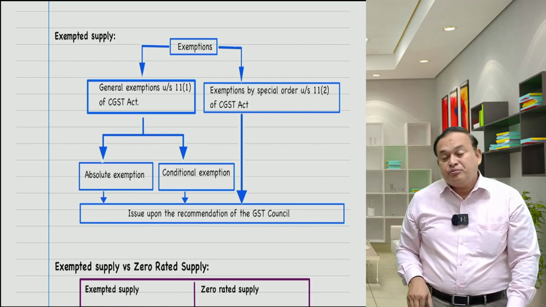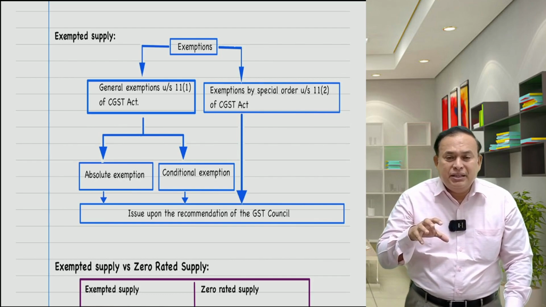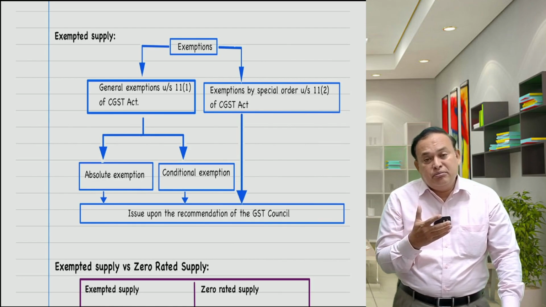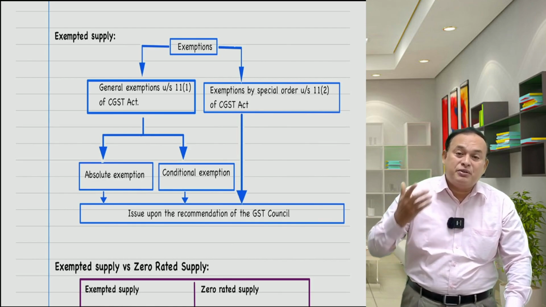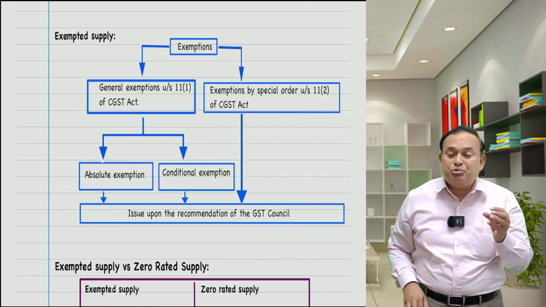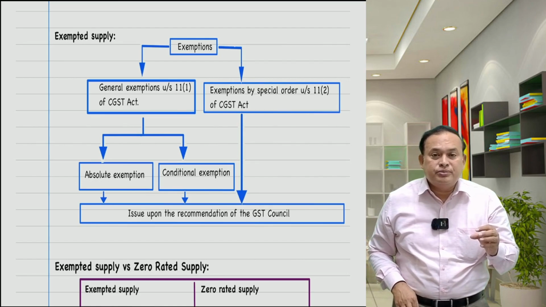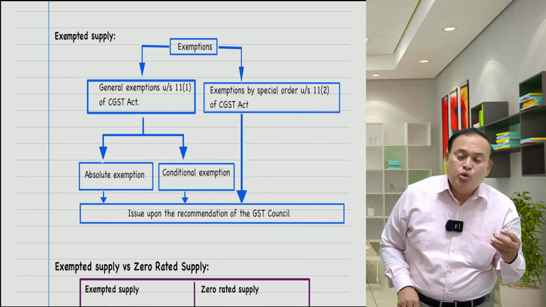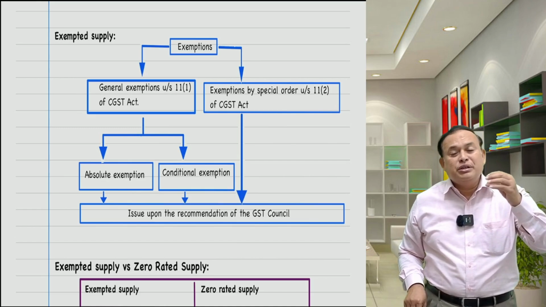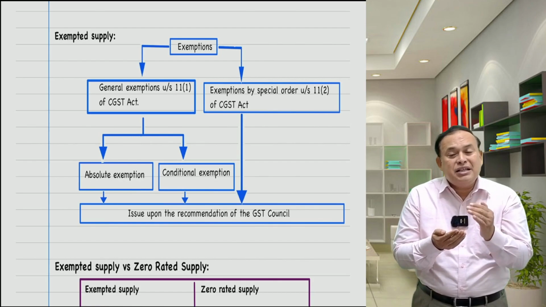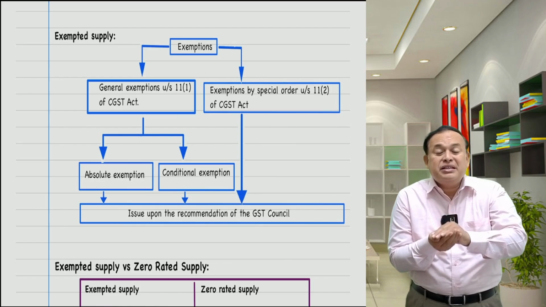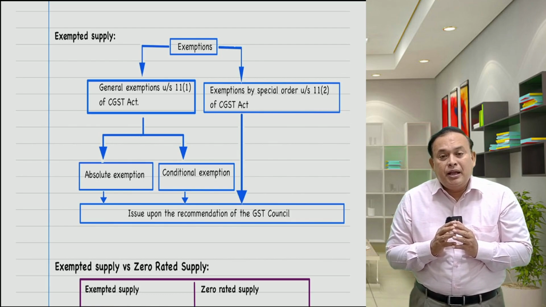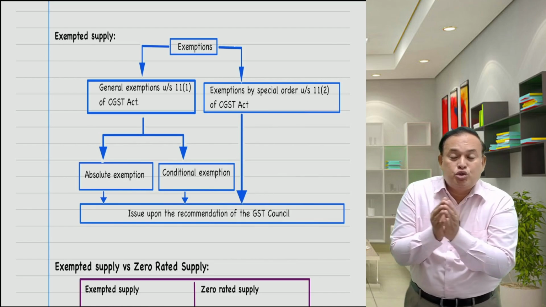At the same time, if the flood has badly affected a particular state, as a helping hand, the government, upon the recommendation of the GST Council, may come forward and say the taxpayers who belong to the restaurant industry and the short-term accommodation industry, who have a place of business in the given state badly affected by the natural calamity, from so and so period to so and so period.